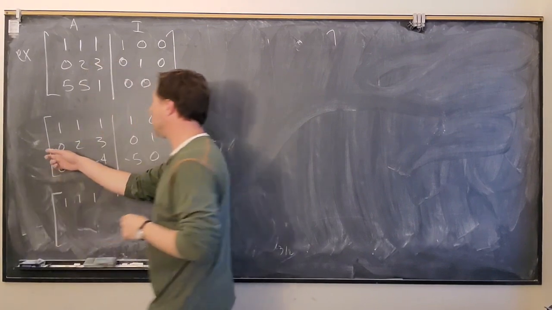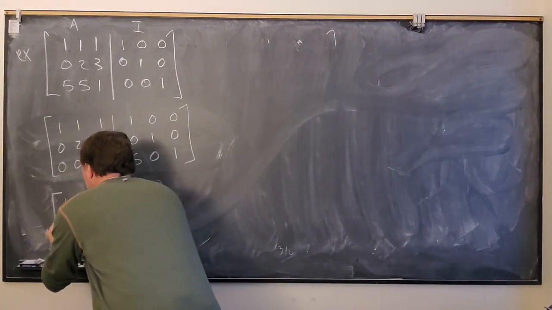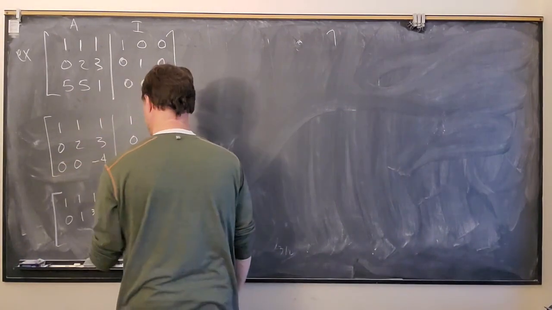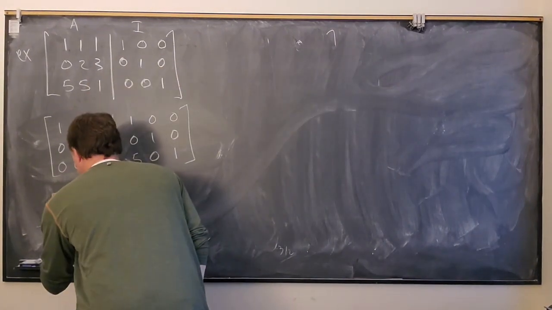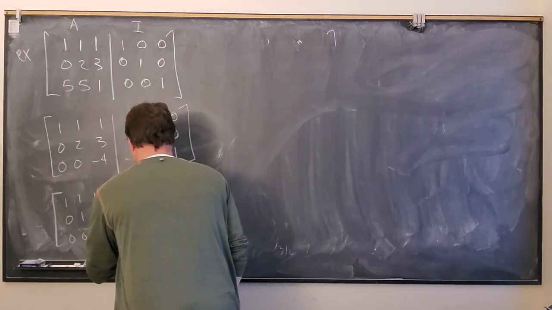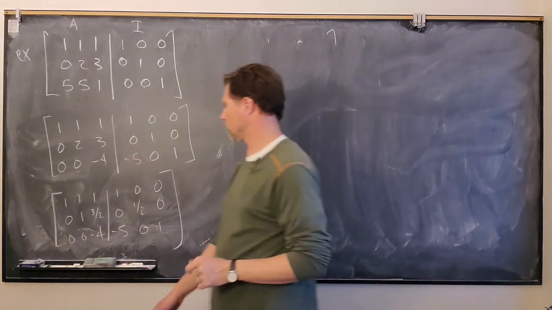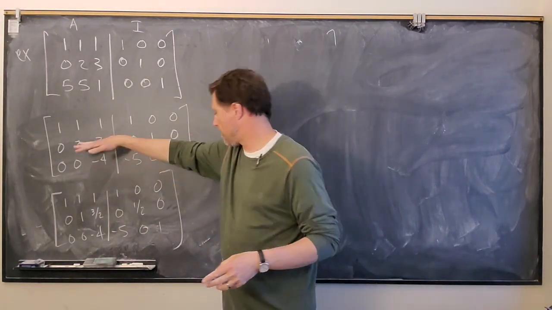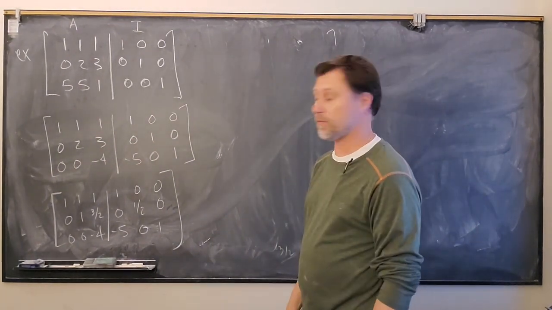I'm going to multiply the middle row by 1/2 so that I create a leading 1 right there. 0, 1, 3/2, 0, 1/2, 0, 0, 0, -4, -5, 0, 1. Hopefully you can see this okay. All I've done from here to here is multiply the middle row, row 2, by 1/2.